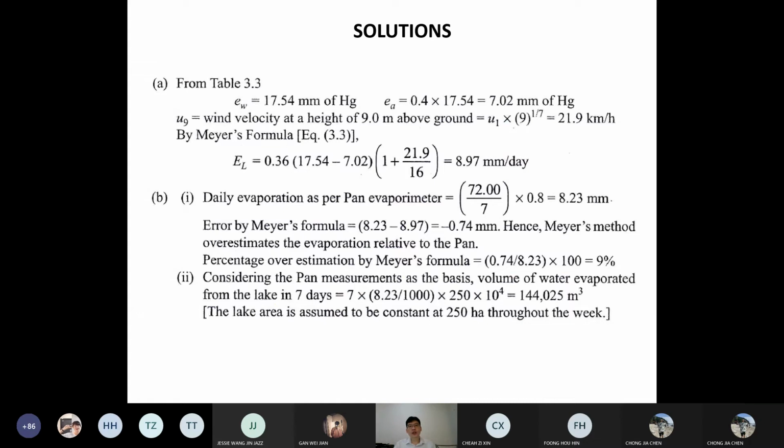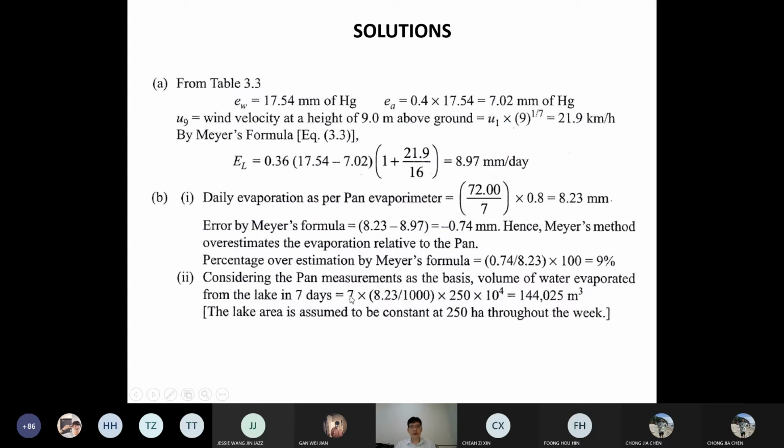Excuse me for some water. So you can see the difference for these two things, for the Mayer formula, the measurement is 8.23 compared to 8.97, a difference of about 0.74. It's still acceptable because this is not a very high-tech method, it's a very commonly used method. It's about 9%. Consider the pan measurement as the basis, the volume of the water evaporated for the 7 days.